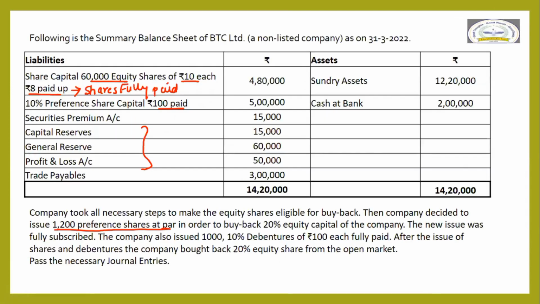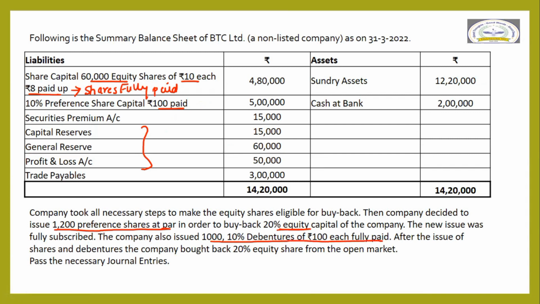Now the next one is: in order to buy back 20% of the equity capital, it means the company is going to buy back 20% of its equity capital. We are going to see this part later. The new issue was fully subscribed. The company also issued 1,000 10% debentures of 100 rupees each, fully paid.